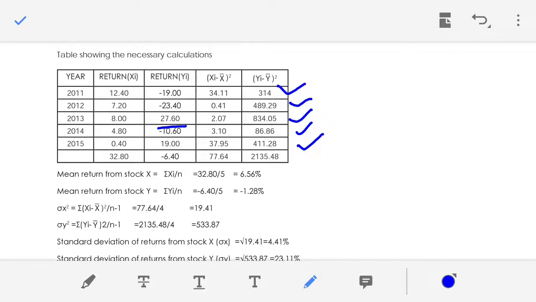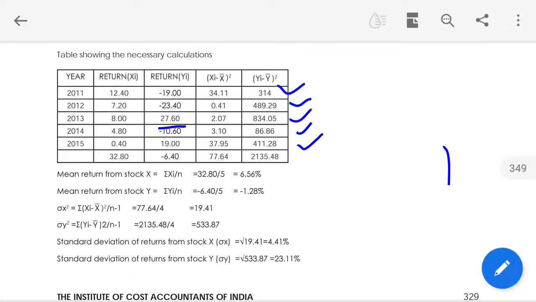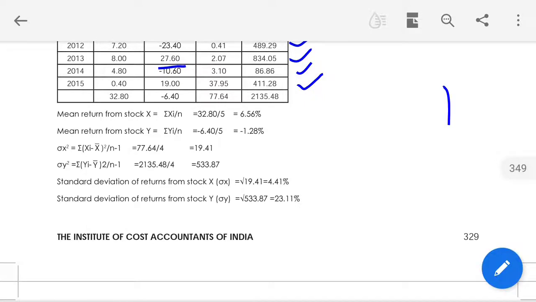Hope you understood. That is how we can calculate xi minus x mean whole square values. So mean, we have seen earlier how to calculate: 6.56 and this one 1.28. And now we need to calculate variation.